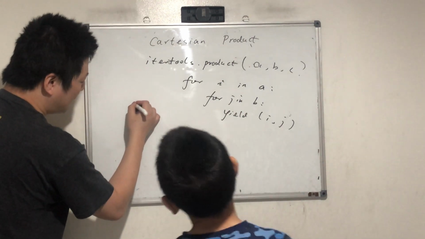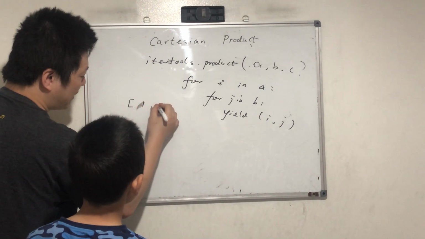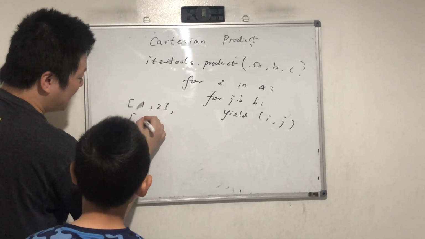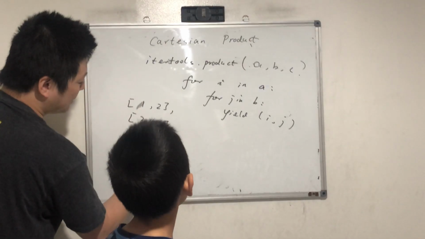So how do you calculate a Cartesian product for 3 elements? 1, 2, and then 3, 4, and then 5, 6. What's the Cartesian product?